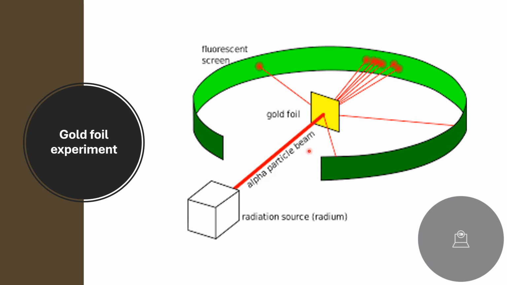Second observation, some alpha particles deflected by small angles. The conclusion: the nucleus is positively charged and the alpha particle is also positively charged, so a deflection happened at a small angle.